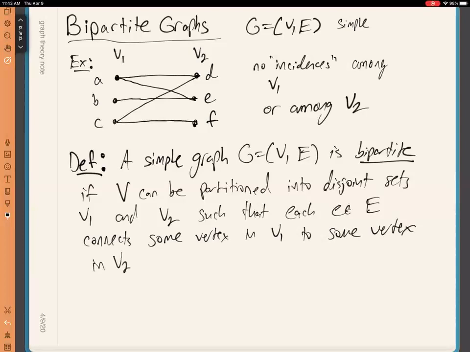And moreover, there's no edge that will connect a vertex in V1 to another vertex in V1, and there's no edge that will connect a vertex in V2 to another vertex in V2, right? So let me just put that in the parenthetical just to clarify. So no edge connects 2 vertices in V1 or 2 vertices in V2.